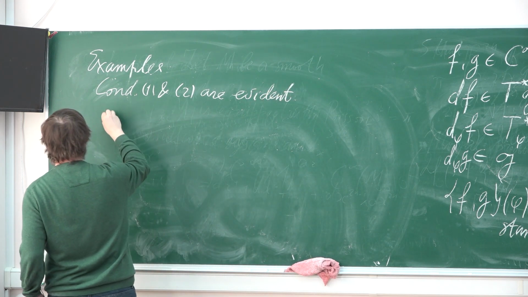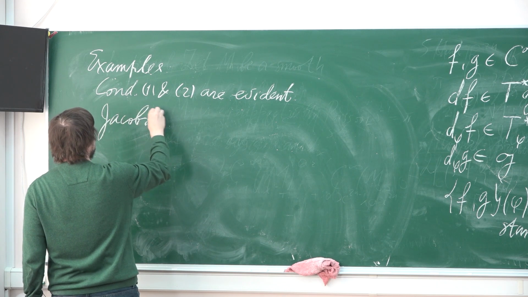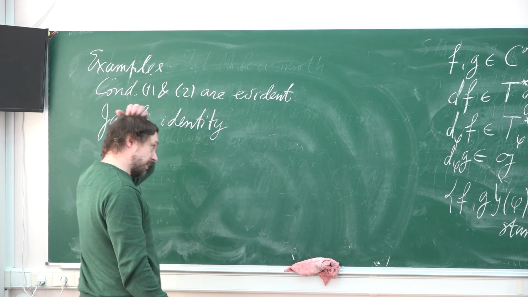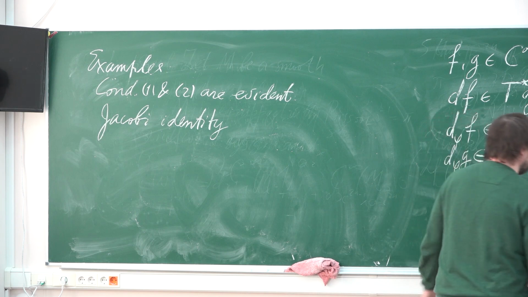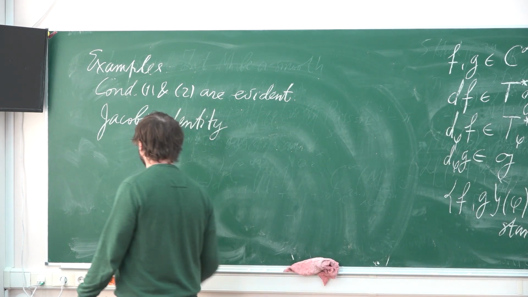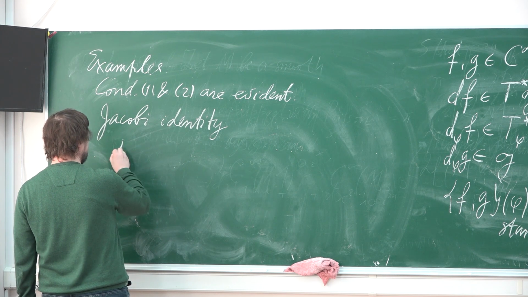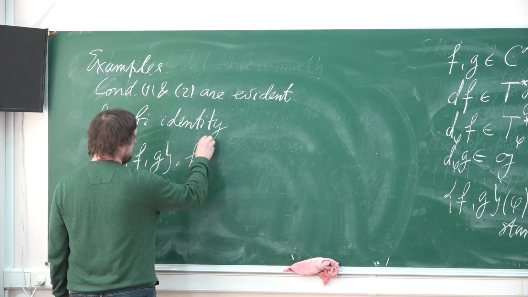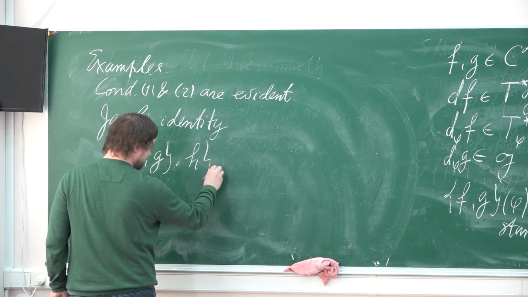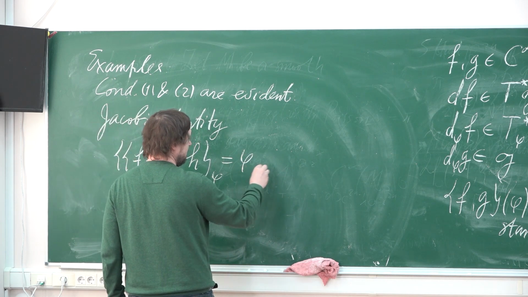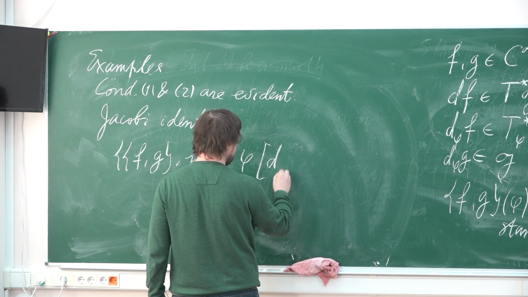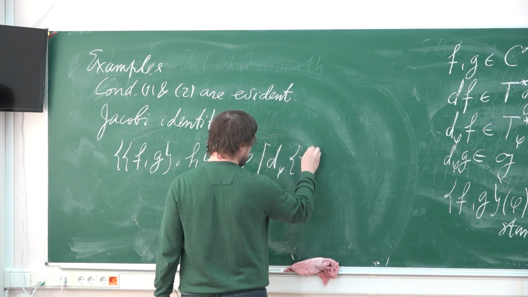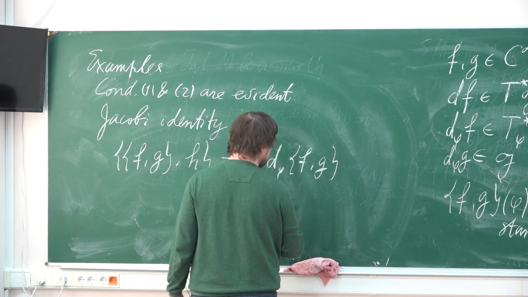Now, as far as the Jacobi identity is concerned, there are a few ways you can do it. Let us do it first in some abstract way. So when I have F, G, and H, and we compute it at some point phi, it is equal to phi applied to D at phi of the Poisson bracket of F and G, right?